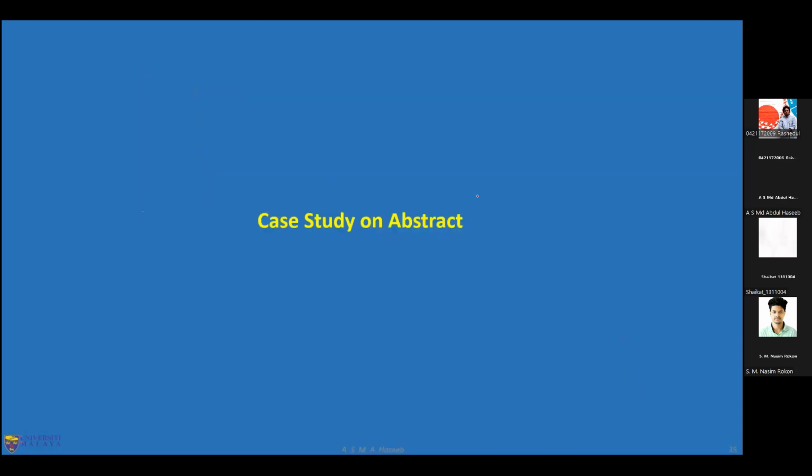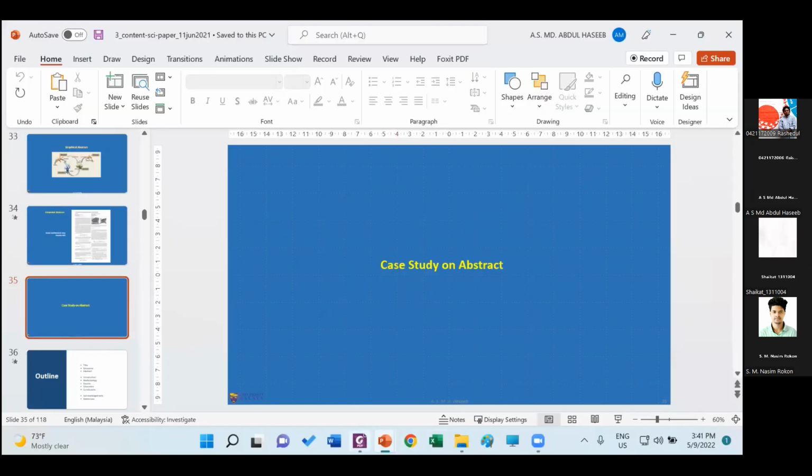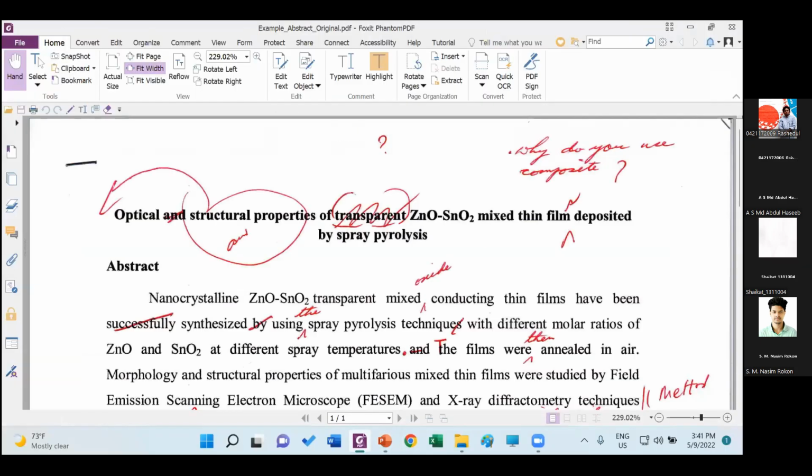Now, I have one case study on abstract, which I will show you now, and I will invite your suggestions, your comments on the abstract. Let me show you one abstract.